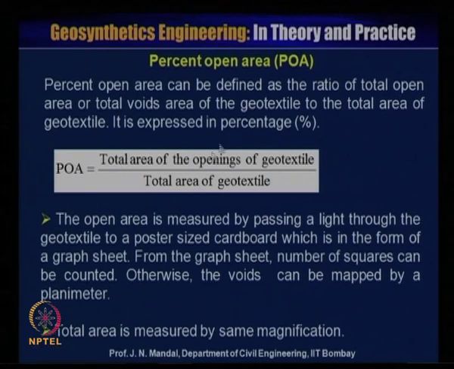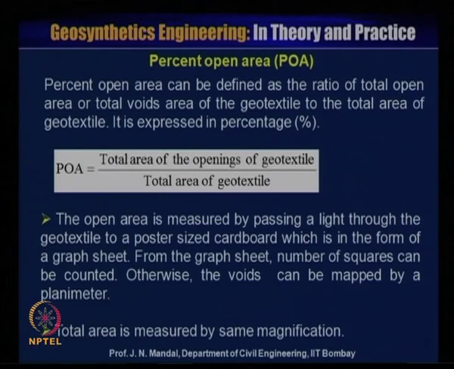Now, percent open area. Percent open area can be defined as the ratio of total open area, or total void area, of the geotextile to the total area of the geotextile. It is expressed in percentage. So percent open area can be expressed as POA, that is the ratio of total area of openings of the geotextile to total area of the geotextile material.